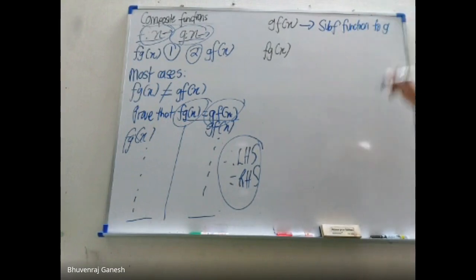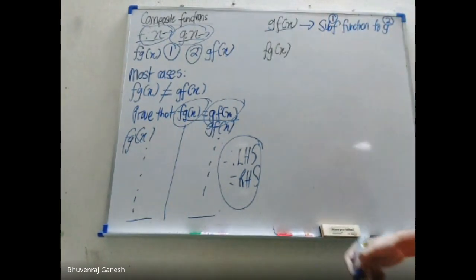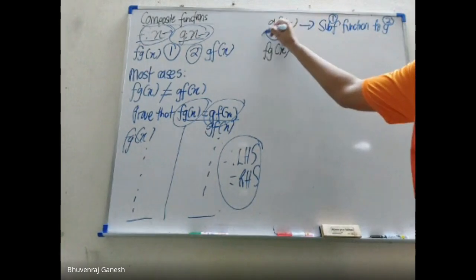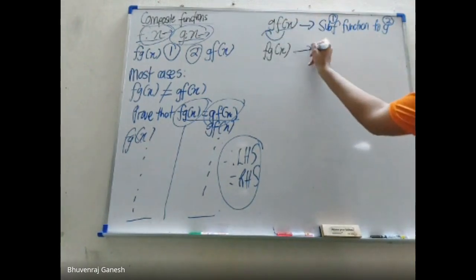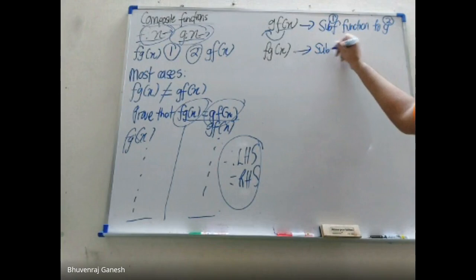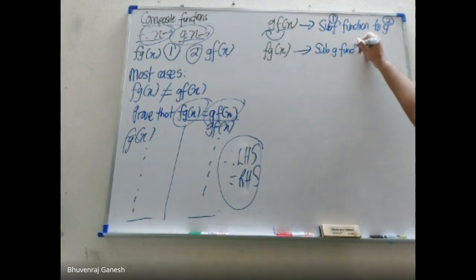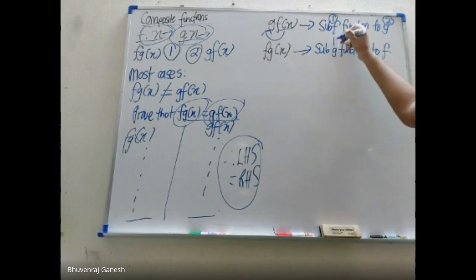This is the order: the f function goes first, the g function goes second. That's why it's gf(x), and you read from right to left. And fg(x) means we are subbing the g function into f. In this case, g will be your first function and f will be your second function.